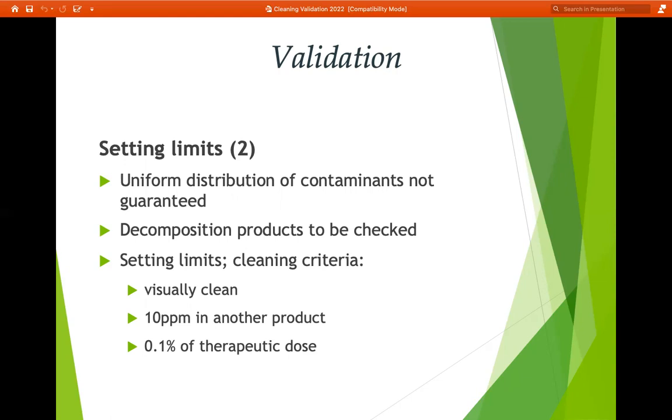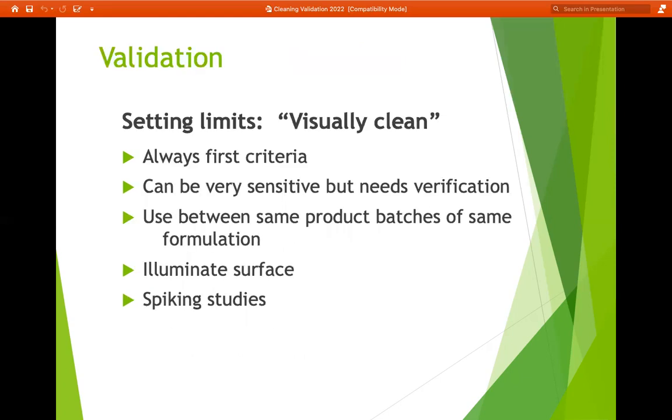These are basically standard criteria based on industrial practices and the history of the industry. These criteria are generally considered and have a rationale and history, but it is not written in any guideline that you have to consider these criteria. You may consider these as cleaning criteria.